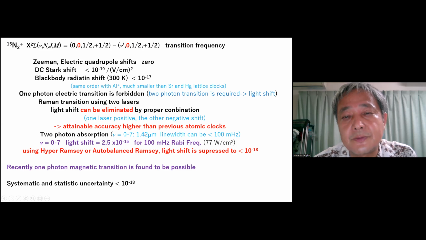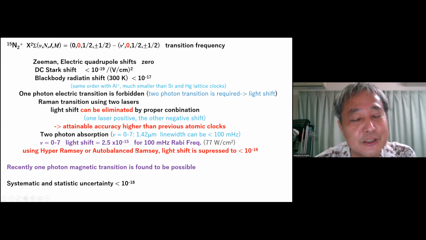With this transition, we can obtain a very narrow line width. Then the light shift is of the order of 10⁻⁵ if we use laser light with 10 MHz line width. But this light shift can be eliminated by hyper-Ramsey or auto-Ramsey.